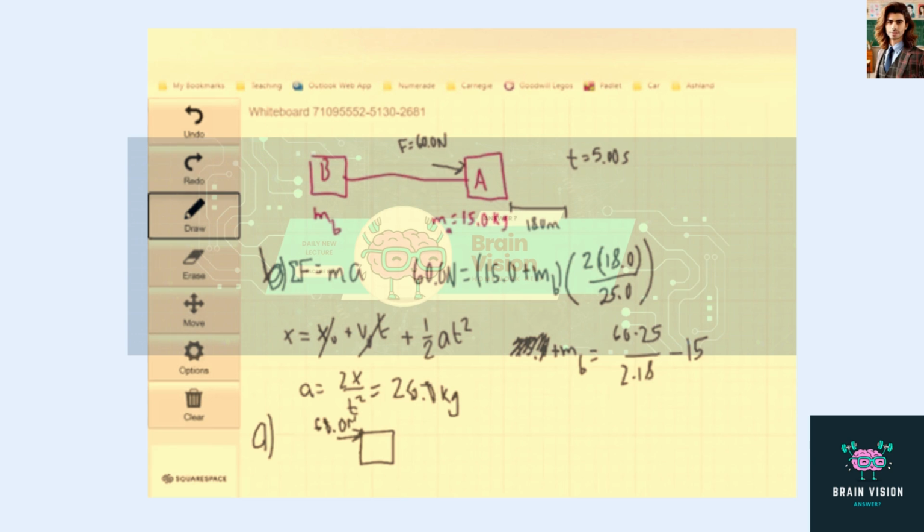And then we've got a tension force. So you can see that there's only two forces acting on block A, and I'm trying to draw block A. There's a forward force pushing forward, and then there's a tension force.